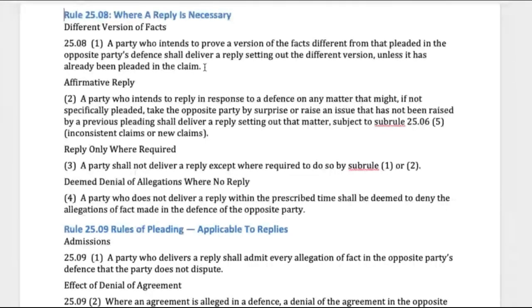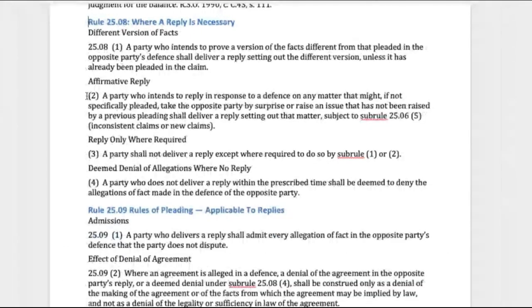So the reply is also used in the case of an affirmative reply, where the plaintiff has a defense to the affirmative defense the defendant put forward, which, if not pled, might take that defendant by surprise. Okay, so it's a complicated idea, but basically there's two reasons why you might have the right to issue a reply.